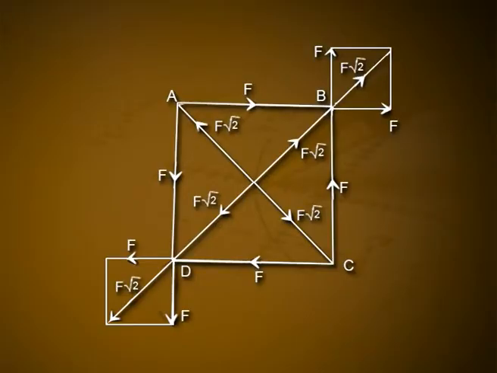Thus, a tangential force F applied to face AB gives rise to equal tangential forces acting along all the faces in suitable directions shown in figure 5a. The forces acting along the faces AB and CB give rise to a resultant force F root 2 along DB, and forces acting along the faces AD and CD also give rise to a resultant force F root 2 along BD.